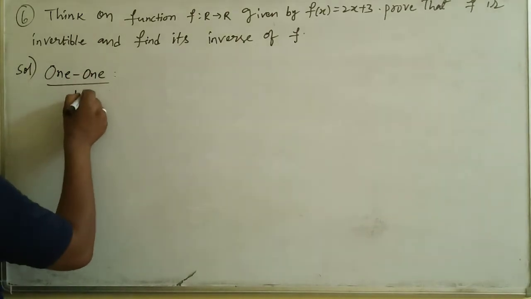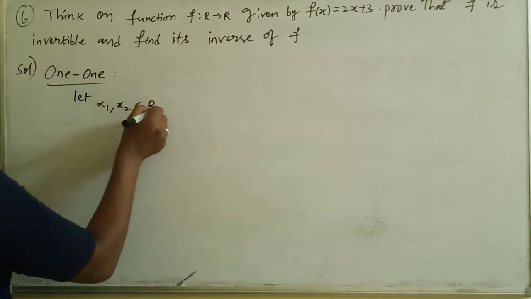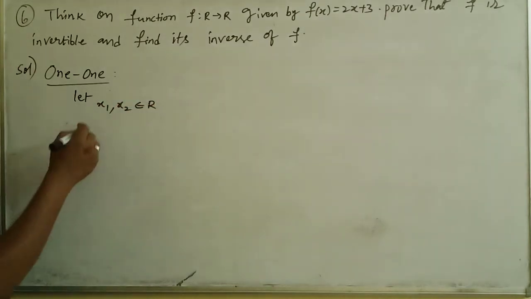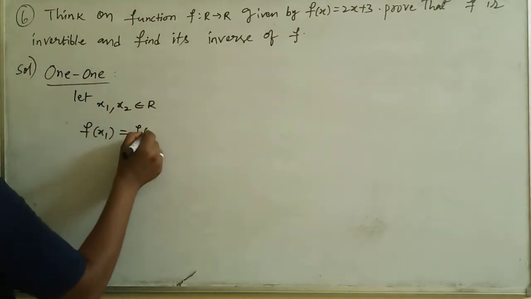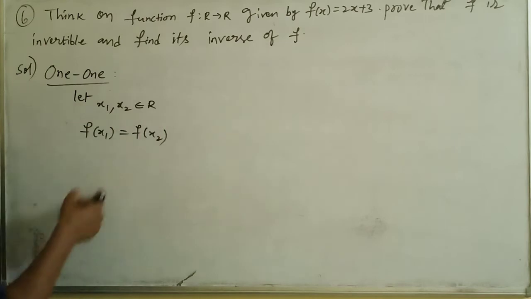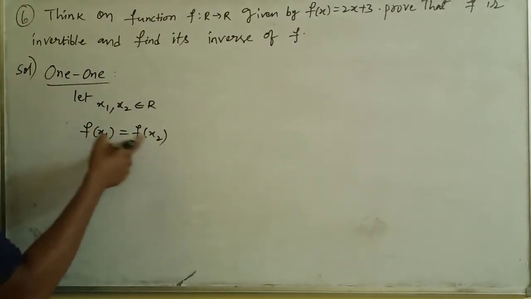So let x1, x2 belong to R. Then we can write f of x1 is equal to f of x2. What is f of x? 2x plus 3. So wherever x is there, substitute x1 and x2.